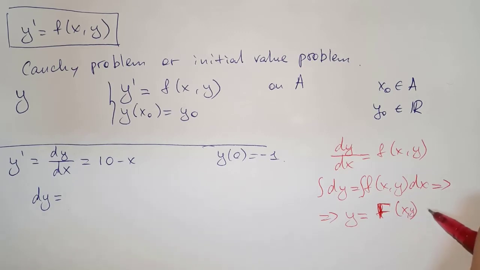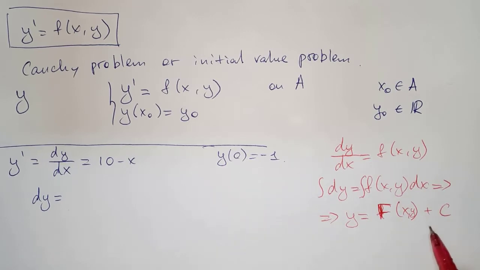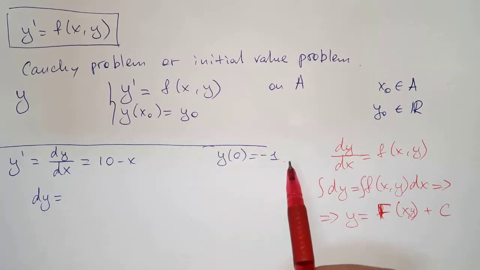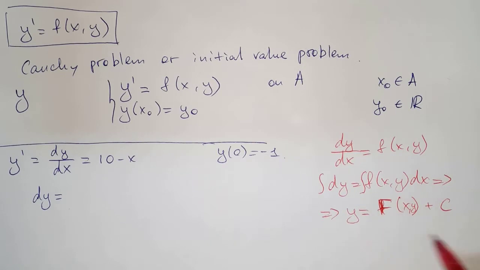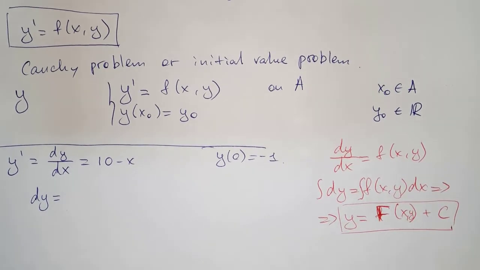Hence we'll get y equal to F, the primitive of this function f of x, plus c. And now, why do we need the initial value? Using these values, plugging them into this equation, we will find the constant c, and then we have the solution of our differential equation.